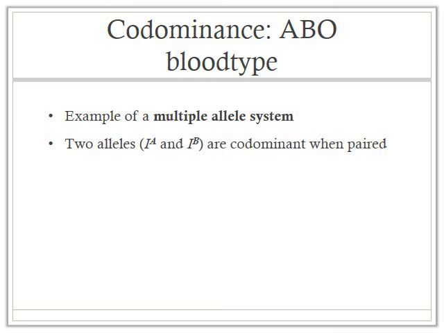So when they are both found together, they will be both present, A, B. The third allele is little i, and this is the recessive. So if you had little i, that's when you have blood type O.